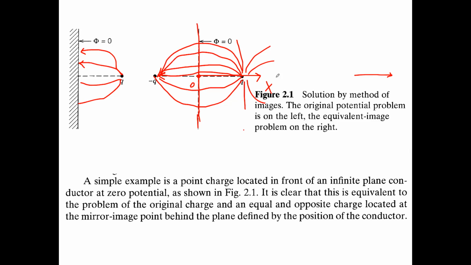Does that make sense? So this is the way of using image charge, or the method of images. And this charge is called, let's say, image charge.